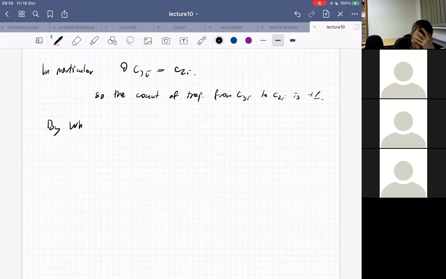We can have many trajectories from this critical point C3I to C2I, but they come with signs, plus or minus. Those with sign plus are counted positive, those with sign minus are subtracted. So the difference is +1. That's a homological statement.